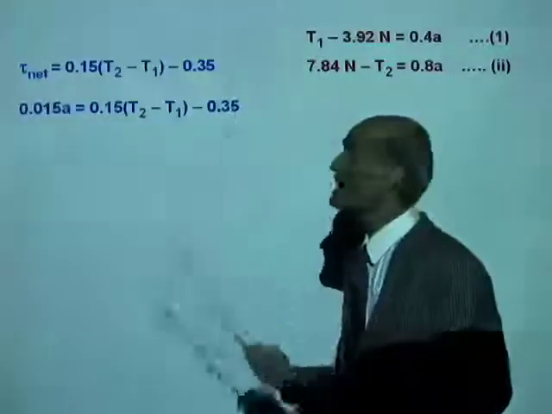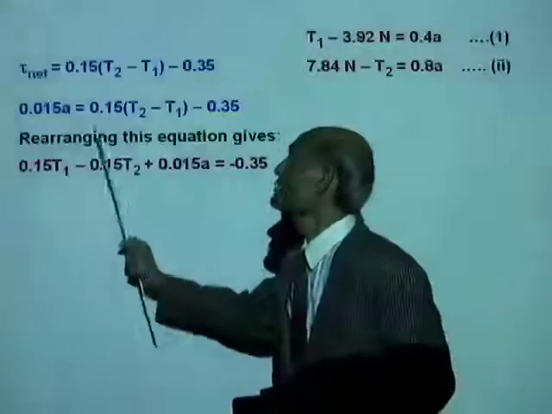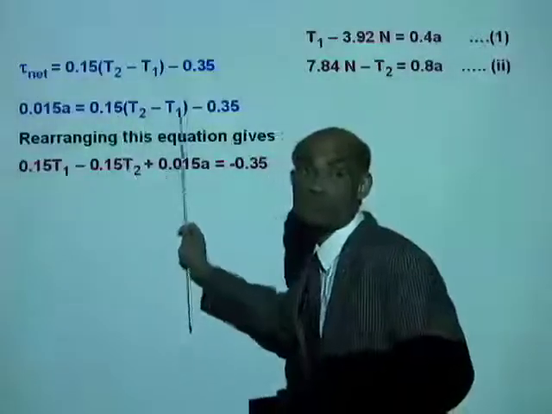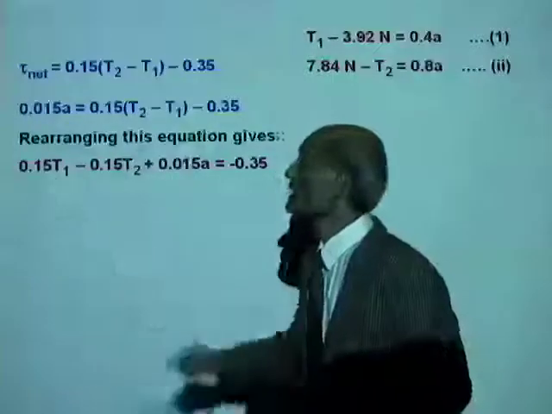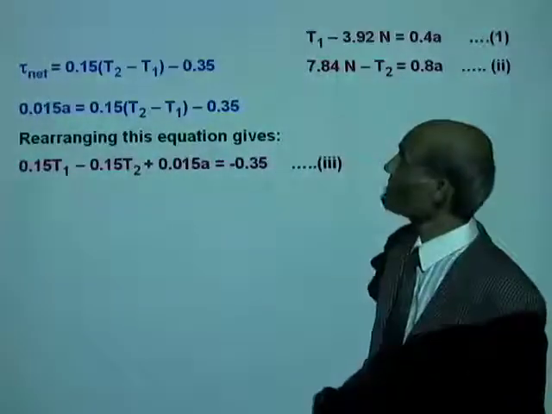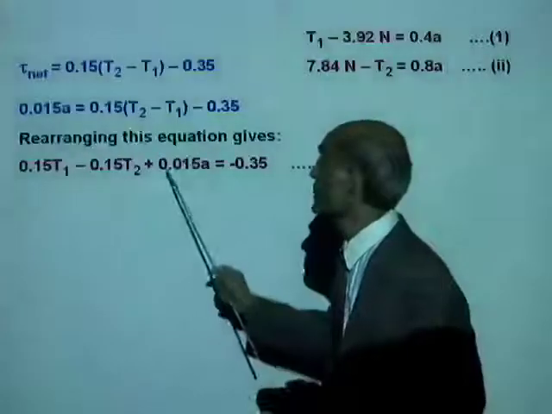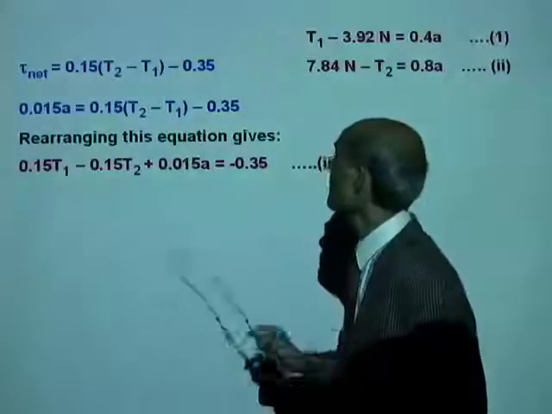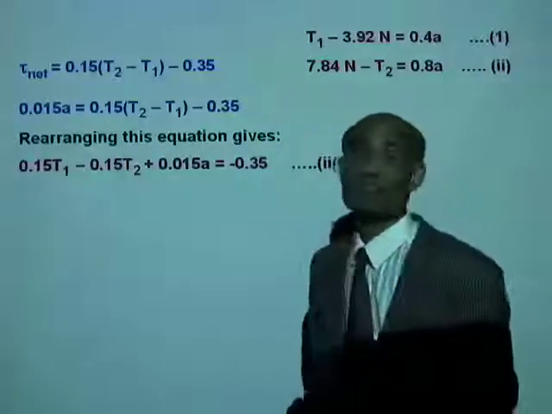Let's simplify that equation. Rearranging this will give me this. Now distribute 0.15 and rearrange it. It will become 0.15 T1 minus 0.15 T2 plus 0.015 a equal to negative 0.35.